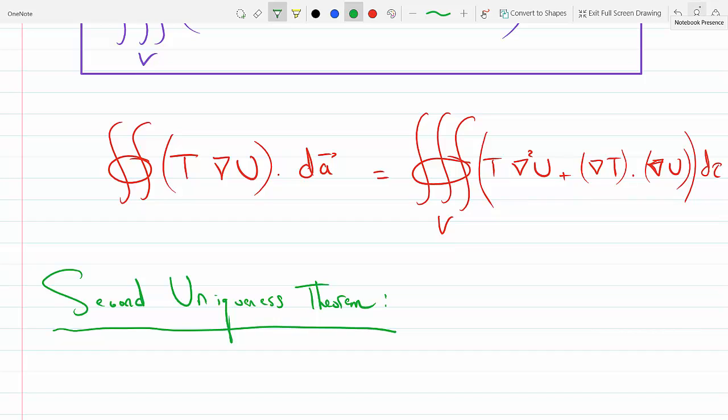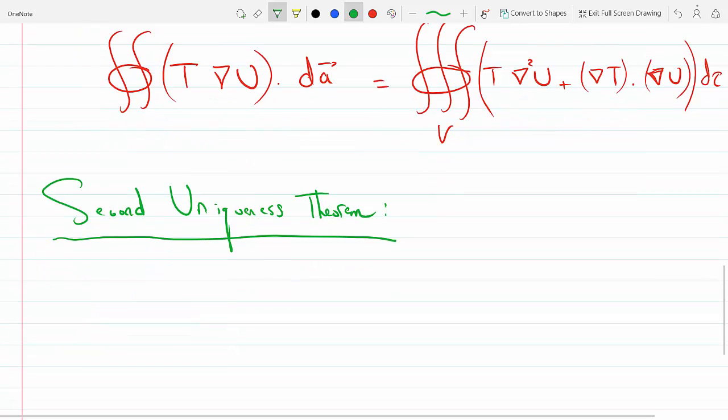Okay, so let's use these results to say that. Why don't we assume that there's another electric field, a third electric field?